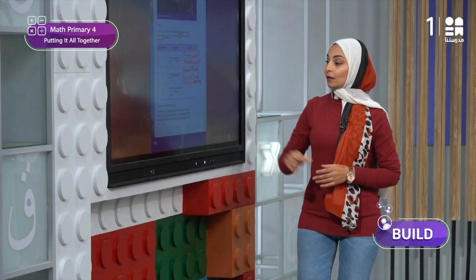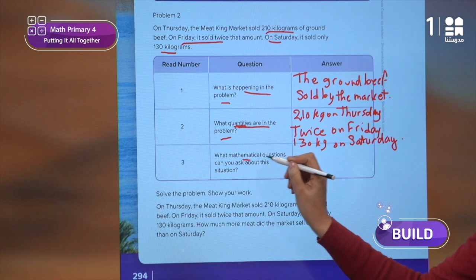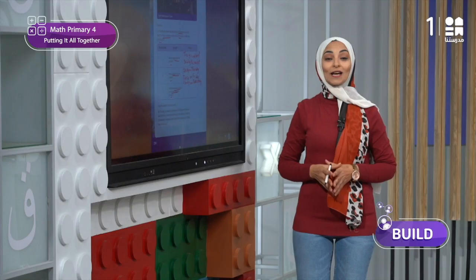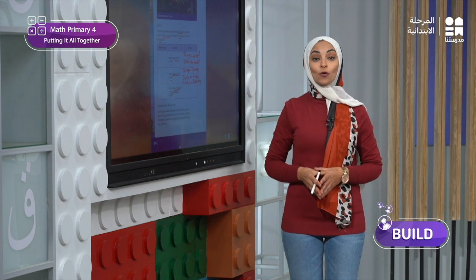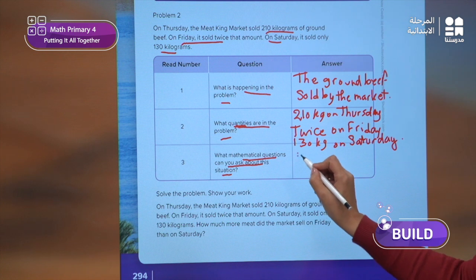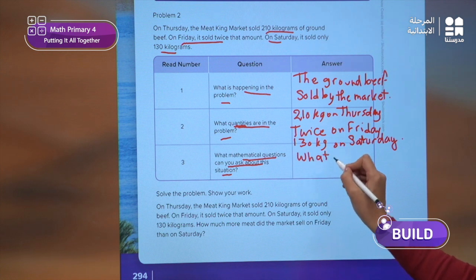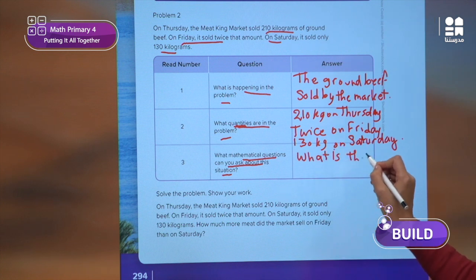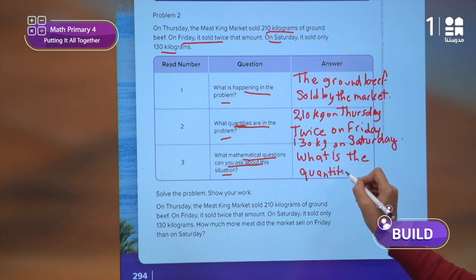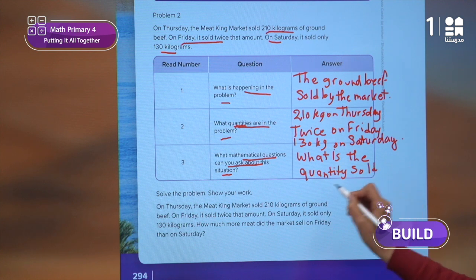Now what about the third one? What mathematical questions can you ask about this situation? What are the questions I can ask in this problem? Yes, I can ask what is the quantity sold on Friday? Let's write it. What is the quantity sold on Friday?